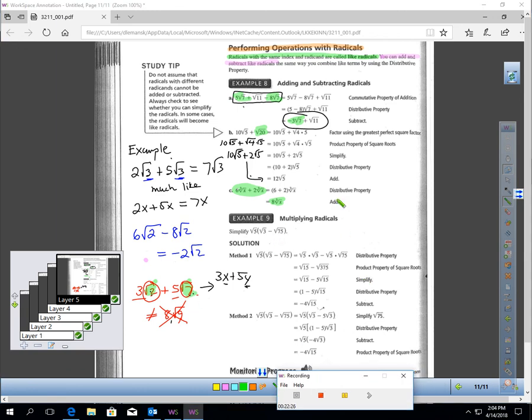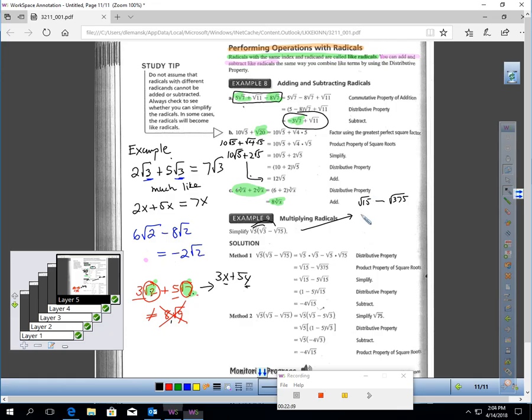You can also multiply radicals, okay? And we've already learned about multiplying radicals earlier. So in other words, that allows me to distribute. Like here, I can distribute. Radical 5 times radical 3 is radical 15. Radical 5 times radical 75 would be radical 375.